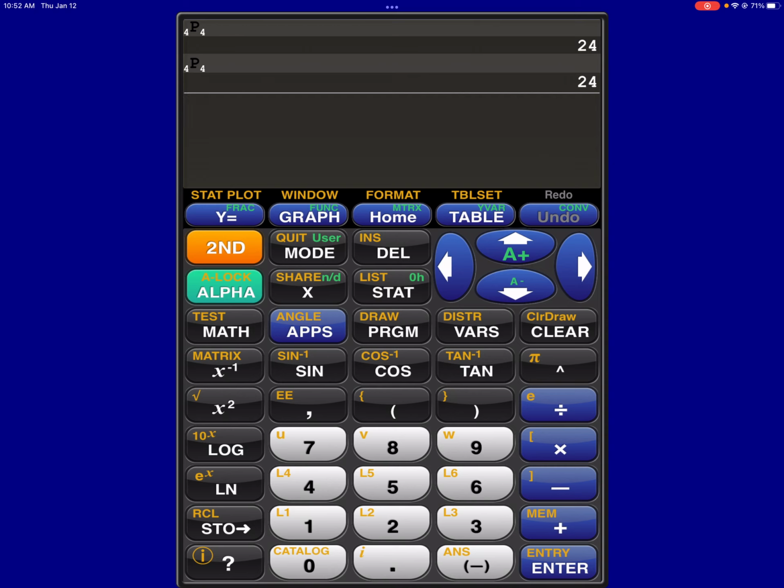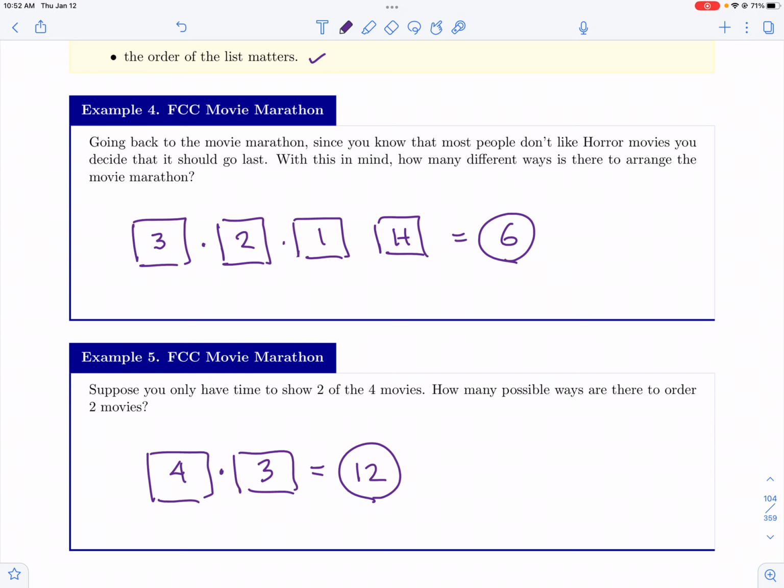All right, so if we look at the next one, I'm not going to do this on the calculator anymore. I was just going to write out what it looks like. For this one, since we placed the horror movie first, we only had 3 possible movies left. And since we placed all 3 movies, our r would be 3. So in this case, this was going to be a 3P3 situation.